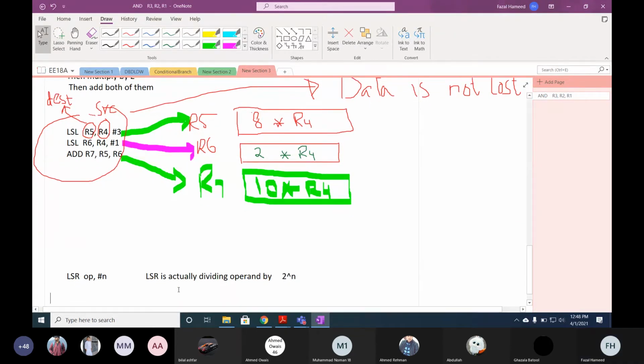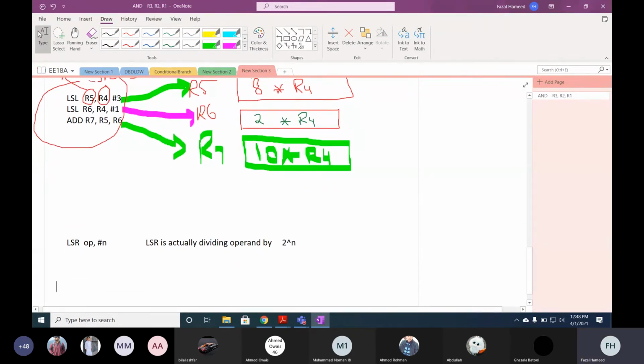So now let's assume a scenario. Let's assume we have logical shift right on R8 with the value of 3.